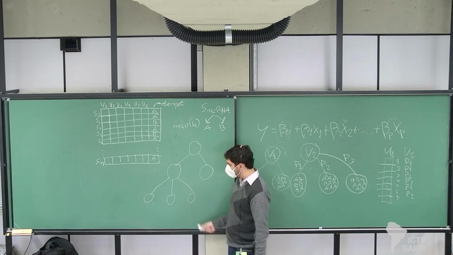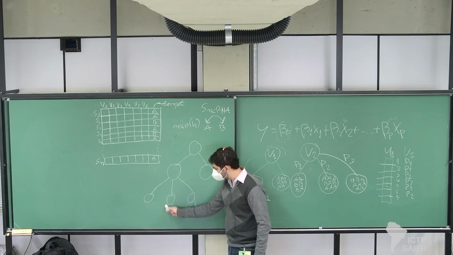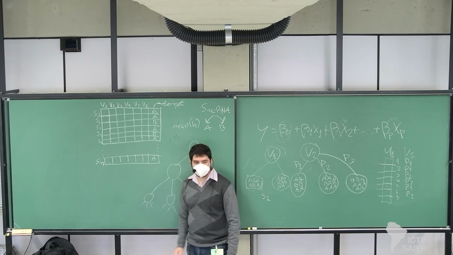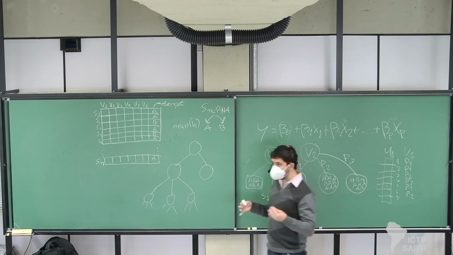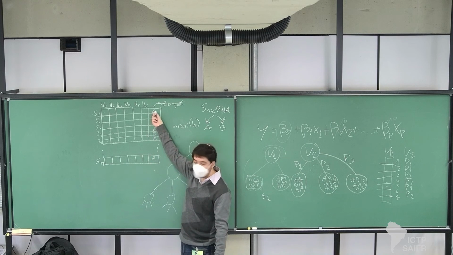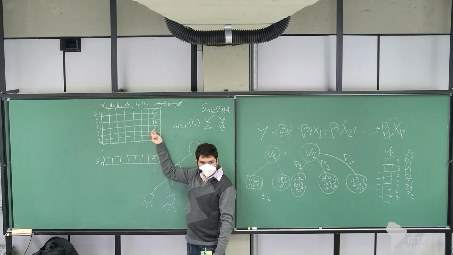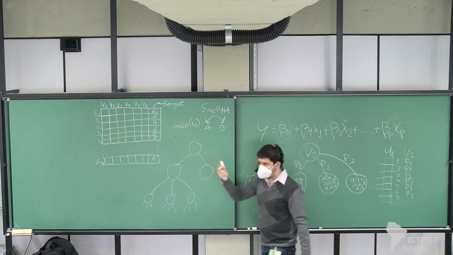Okay? Until I find subsets that I call pure. Subsets that are formed only by data belonging to A or belonging to B. And in the end, I have a tree.